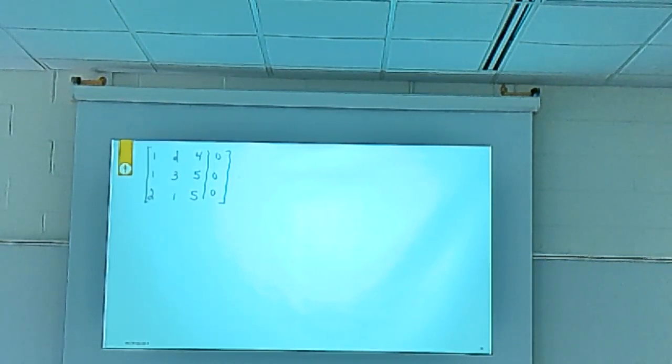I'm just going to set it up this way for now. Notice that no matter what we do, that's always going to be augmented with 0, 0, 0, which is why in the future I'm not going to write that. I'm just going to write the coefficient matrix and see if we can get it down to the identity or not.